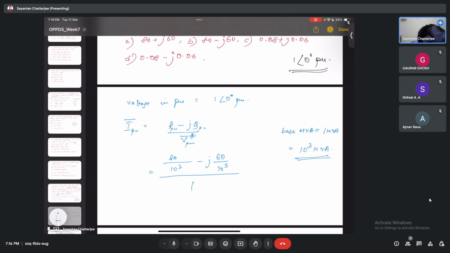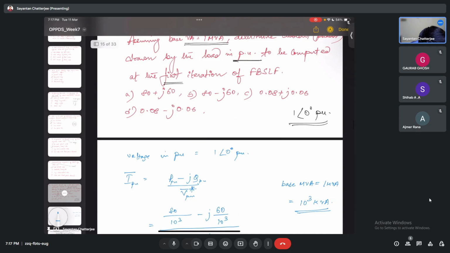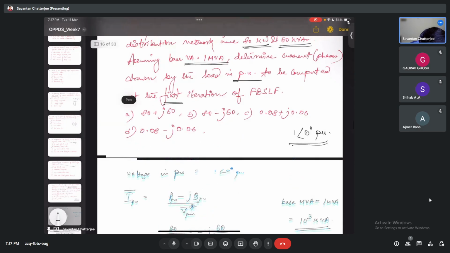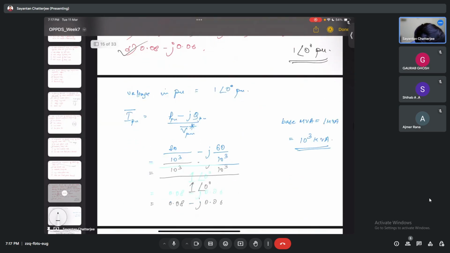And this voltage value is 1 per unit, 1 angle 0, so the 0 angle has no effect. So we get 0.08 minus j 0.06. So this is the answer. Yes, this one, D, is the answer.